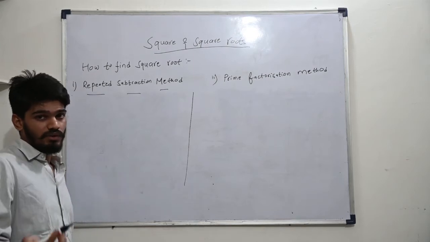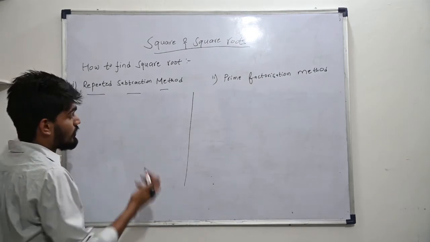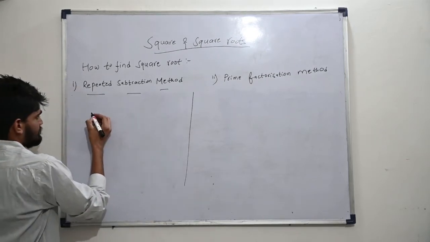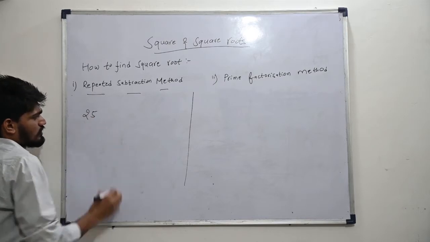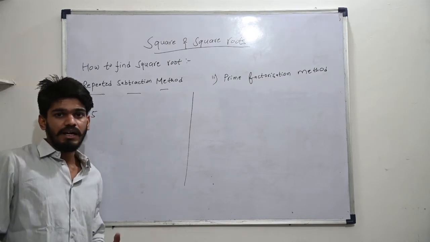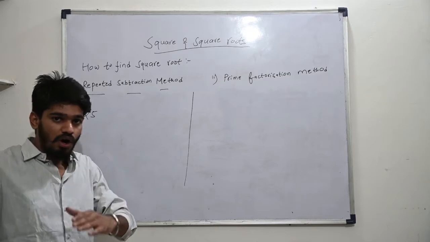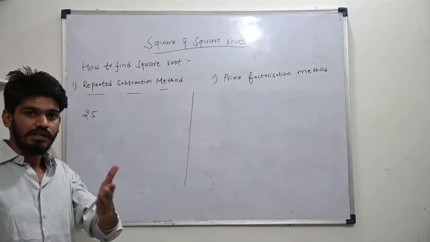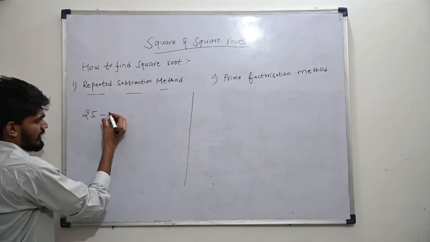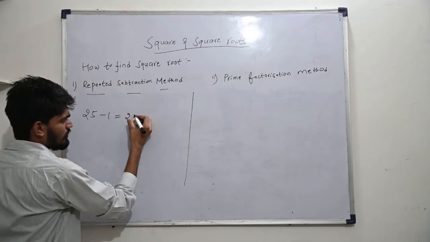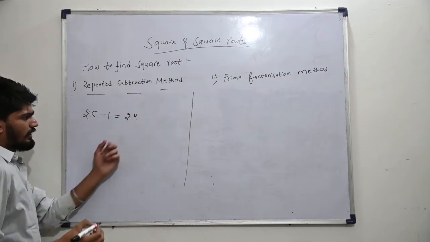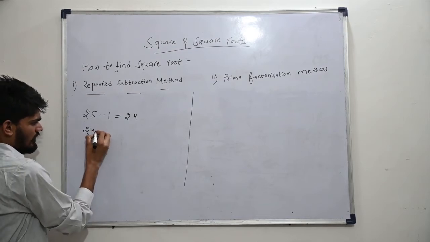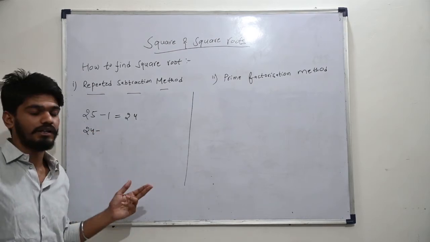Let's find out the square root of 25. First of all, write the number and then subtract odd numbers from it one by one, starting from 1. So first of all I will subtract 1. I will get 24. Now this 24 I will write here. And I will subtract the next odd number.